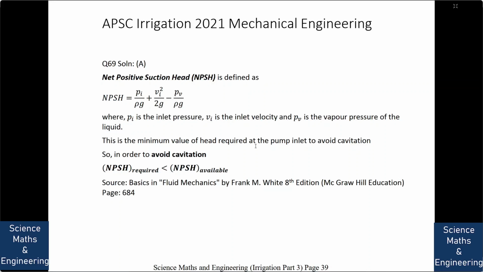Now, this value is the minimum value required at the pump inlet to avoid cavitation. So, in order to avoid cavitation, the available NPSH should be greater than the required NPSH. If you have any more doubt, you can follow the source. So, we will go to the next question.